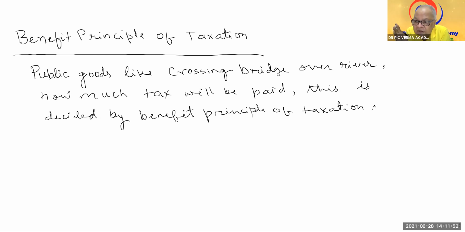But car and truck are the most important objects. The rate will be decided so that by payment of car and truck, the cost of manufacturing of the bridge will be recovered after 20 years. Then tax will be removed. Bridge will be free.